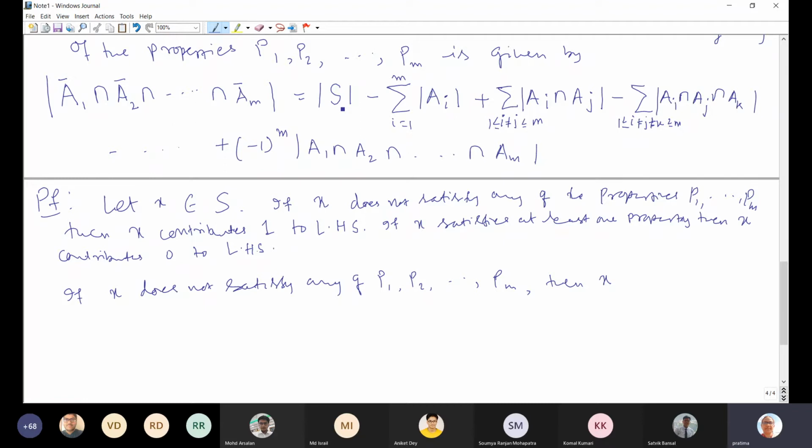Of course, it will contribute 1 to the first term, where we are taking the cardinality of S. And X does not satisfy any of the properties, which means X cannot be in any of these sets A1, A2 to Am. Therefore, all other terms here will be equal to 0. X will not be in any of these Ai, so all these numbers will be 0, and only the first term contributes 1.